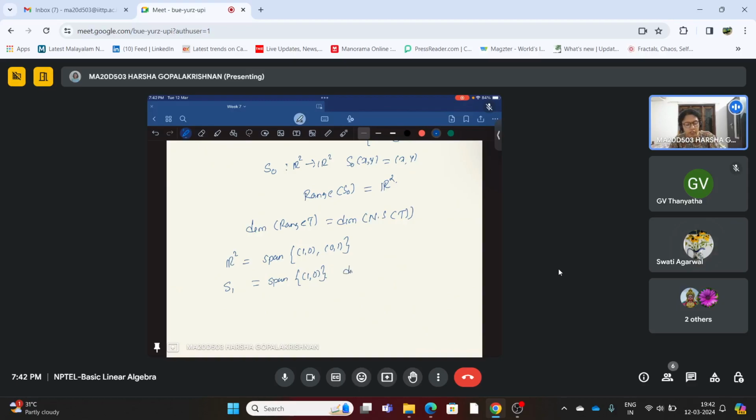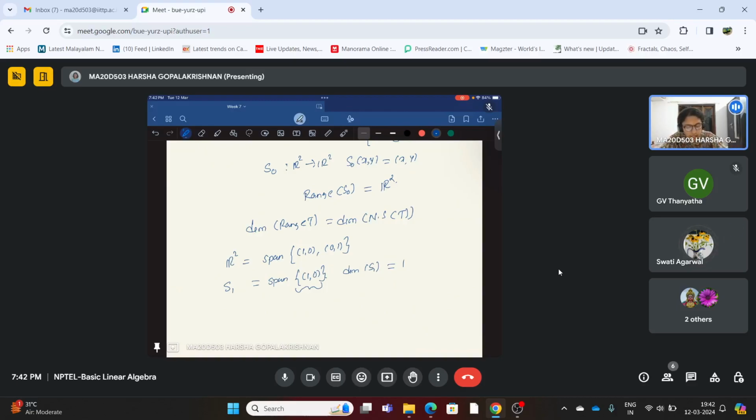What is the dimension of S1? Because this is the basis. This is a linearly independent set and it spans S1. Dimension of S1 means the number of elements in the basis of the space S1.